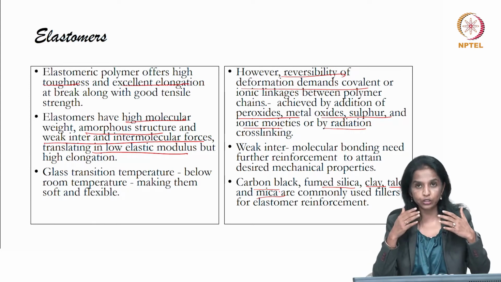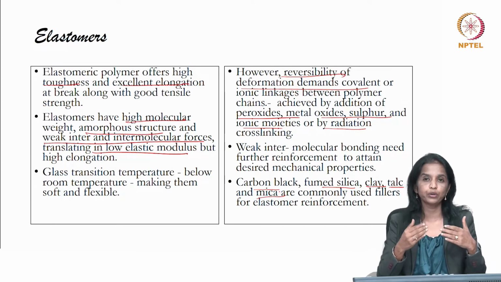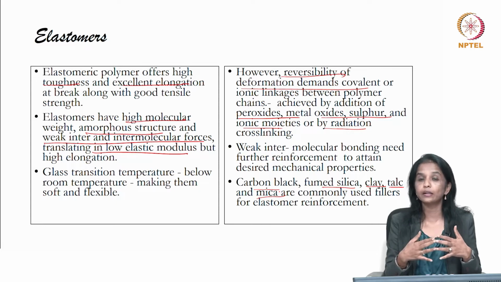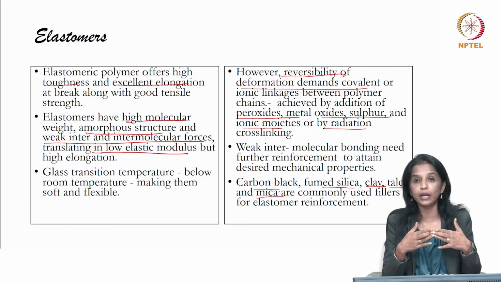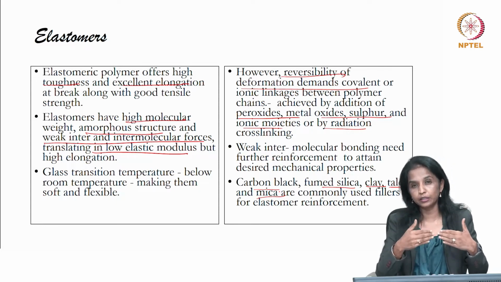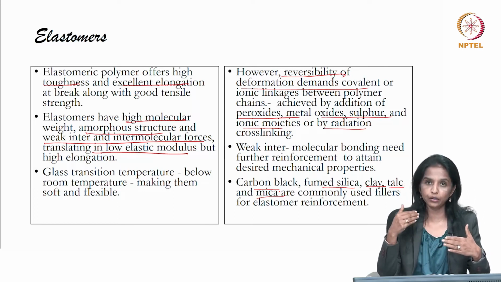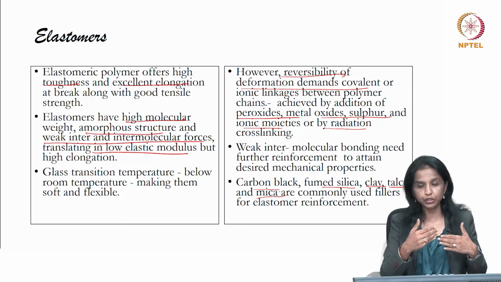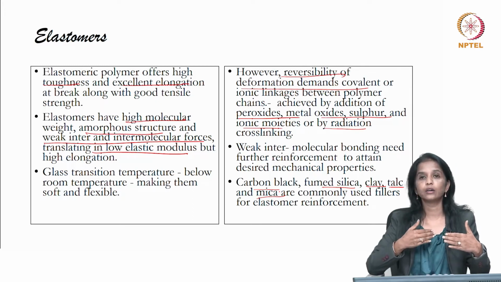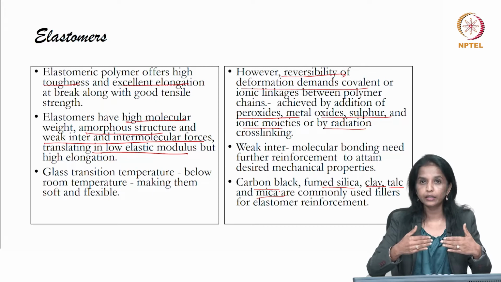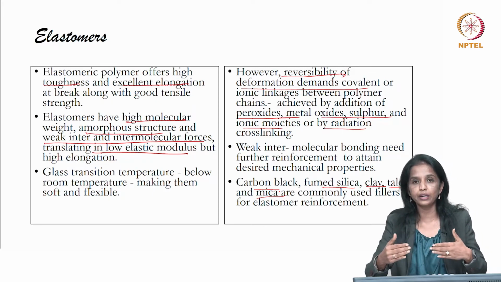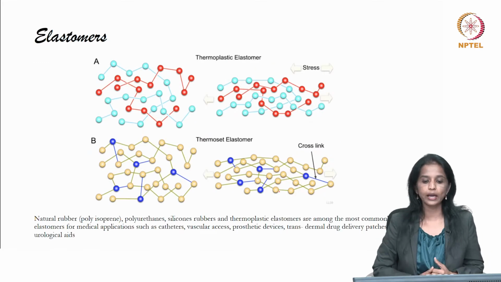First, what we need to understand is that elastomers are preferred because of their elasticity, but in situations where we might want the toughness to increase, we can add a cross-linking agent. If further reinforcement is required, then fillers can be added to elastomers.